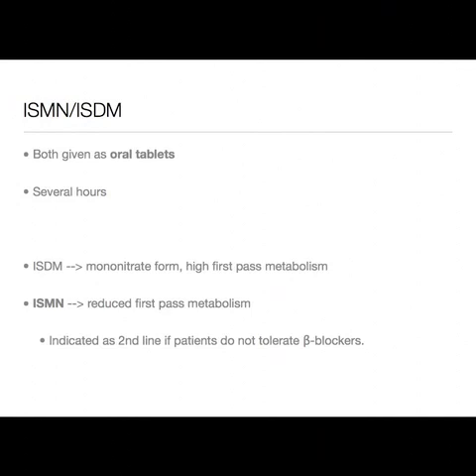It is indicated also as a second-line therapy in patients who do not tolerate beta blockers. Note that GTN and isosorbide dinitrate are available as IV preparations and are used to relieve chest pain in acute myocardial infarction and to reduce preload in acute left ventricular failure.